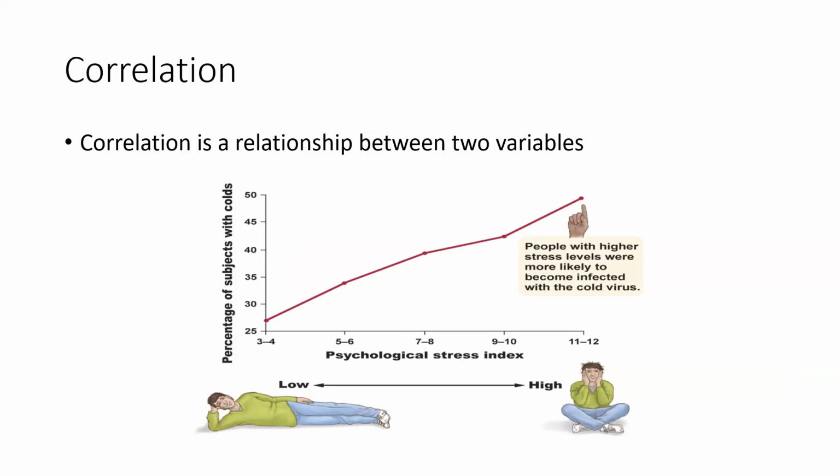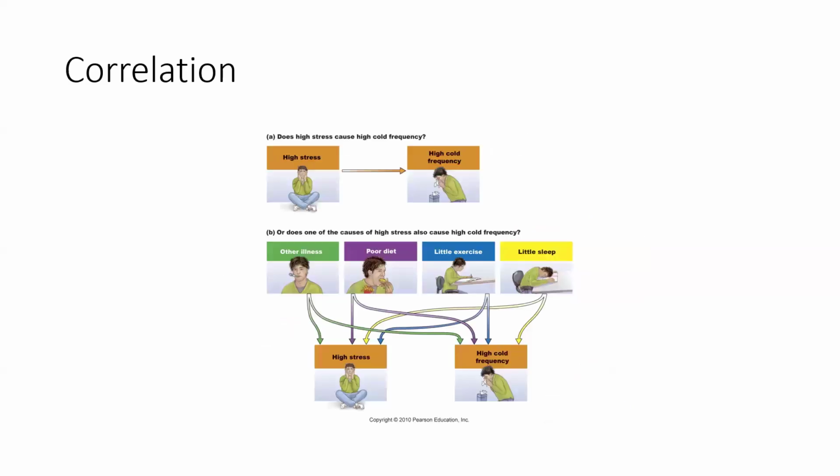For example, in this graph, you can see people who are more stressed out are more likely to catch a cold. But does that mean the stress is causing the cold? Well, not necessarily. There could be other underlying factors that could contribute to both of these things. Maybe it's poor diet, maybe it's little exercise. So we cannot directly say A causes B just because there's a relationship.